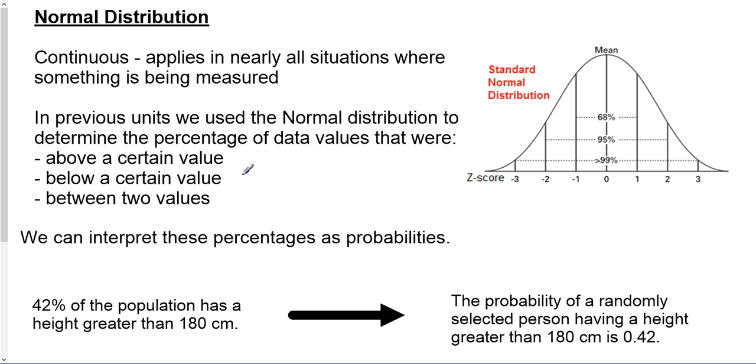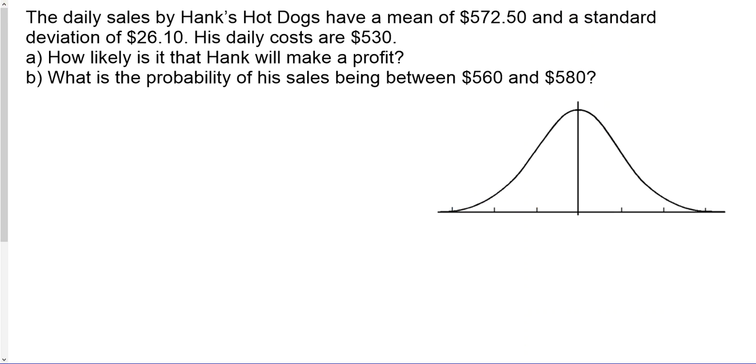If we pick a random person from this population, the probability of them having a height greater than 180 centimeters is 0.42, or 42%. So we're thinking about statistics and probability here, the same calculations, just interpreting them slightly differently. Let's jump in and take a look at an example.